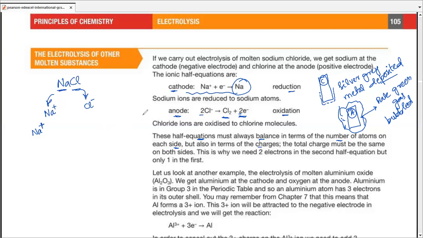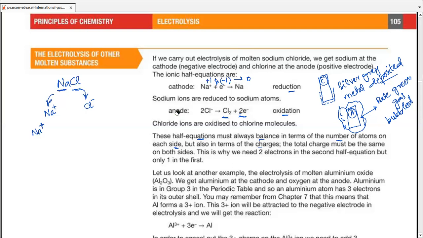Let's take a look at what they mean in terms of charges for the cathode. The charge on this one is +1. Then we have this plus sign right over here. Then the charge on an electron is -1. And the charge on an atom is always taken as 0 since it's neutral. So the overall charge on left and right is equal.